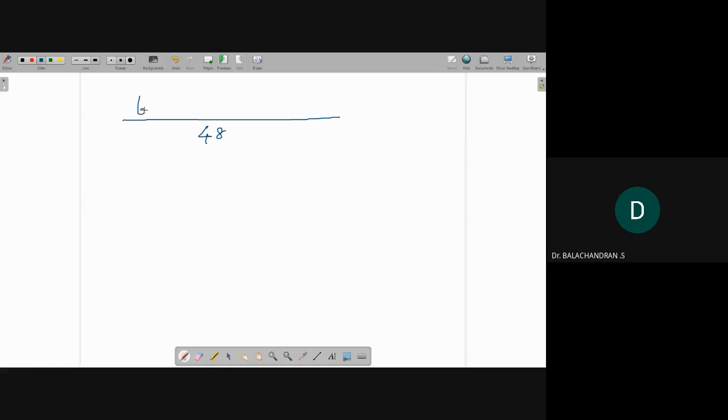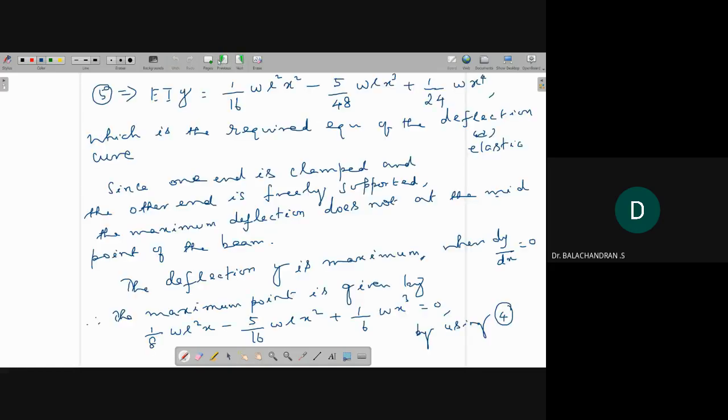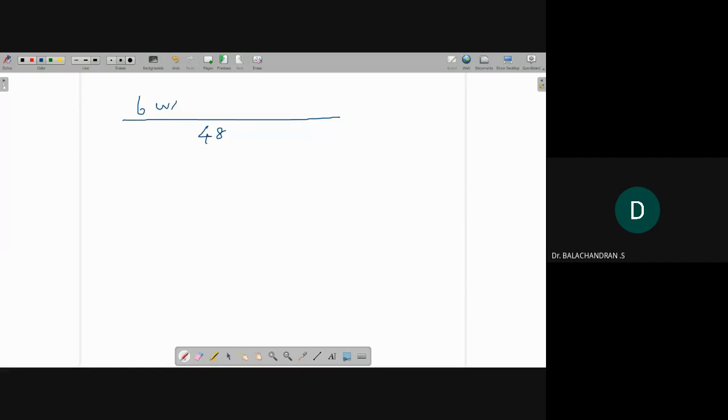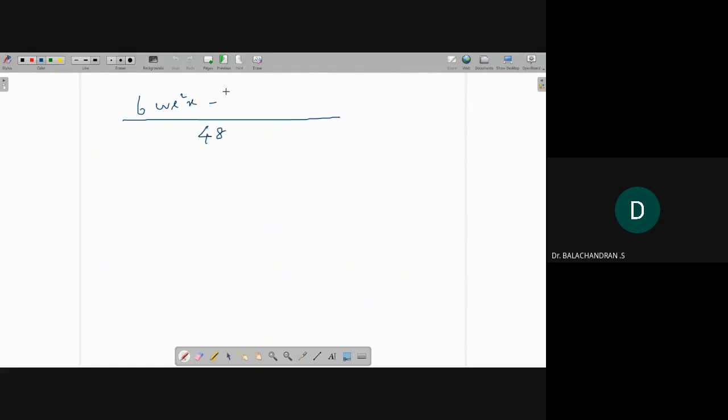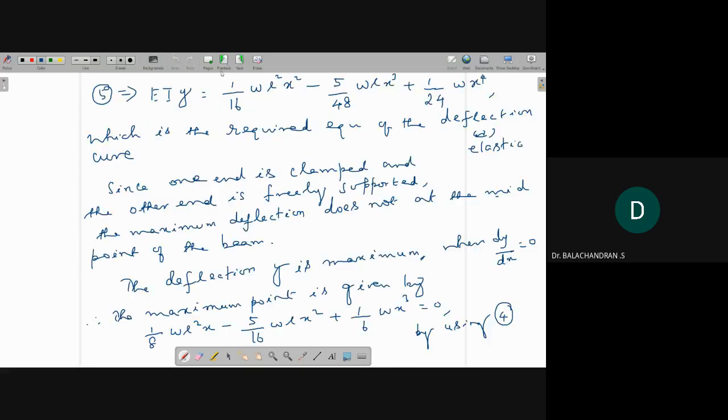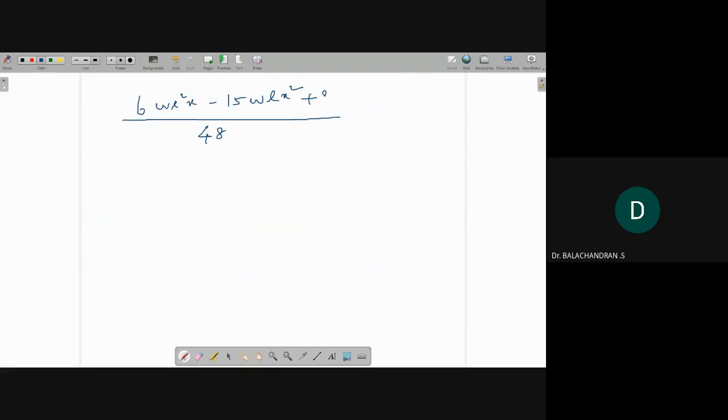So here have 6 omega L square x minus 3 times 15 omega L x square and then 48 by 8 omega x cube equal to 0.